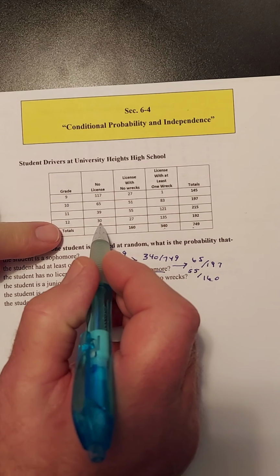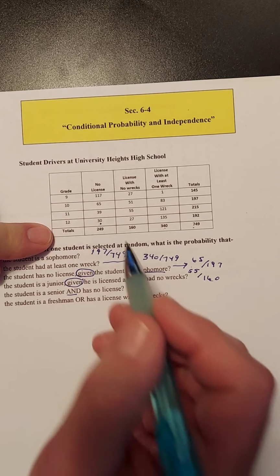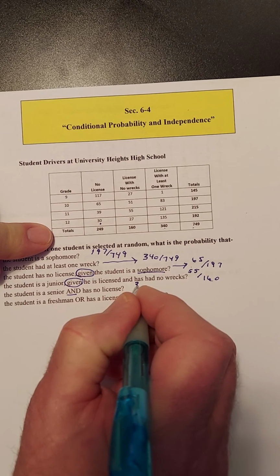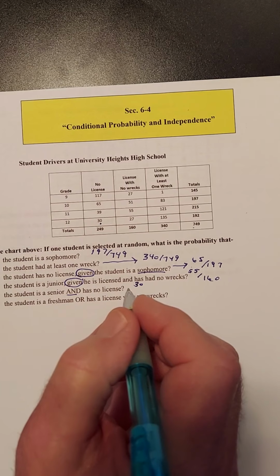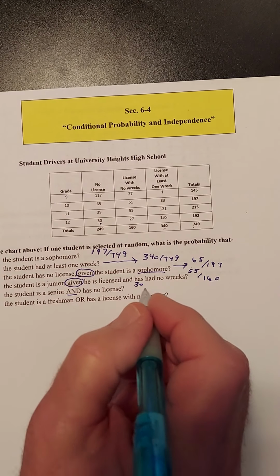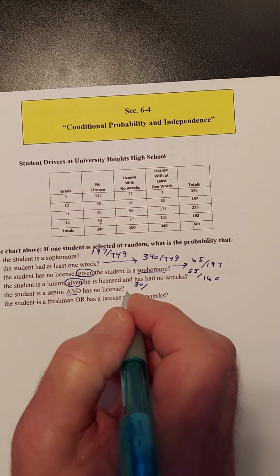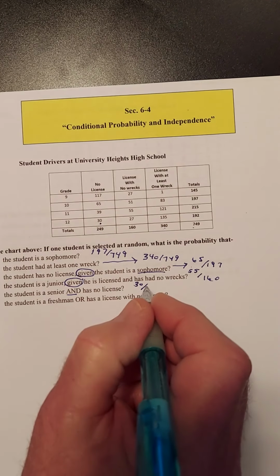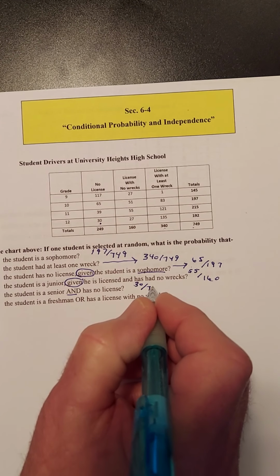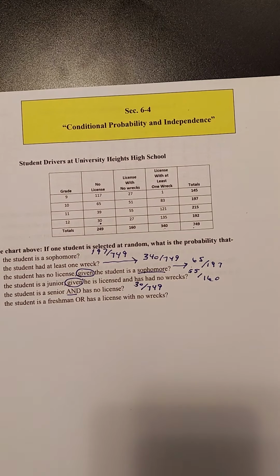There's 30 people that are seniors and have no license. That's your top number. So 30 people satisfy that result. What's the bottom number? Well, since it's not conditional probability, the number is going to be 749. So unless you see the word given, the number on the bottom is going to be 749.